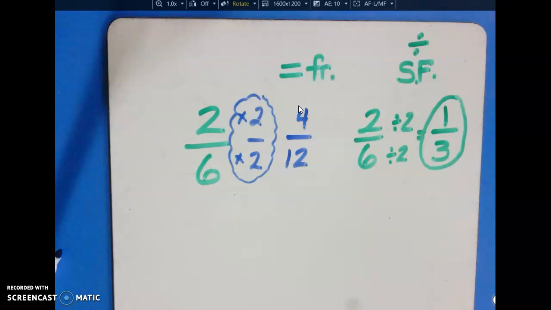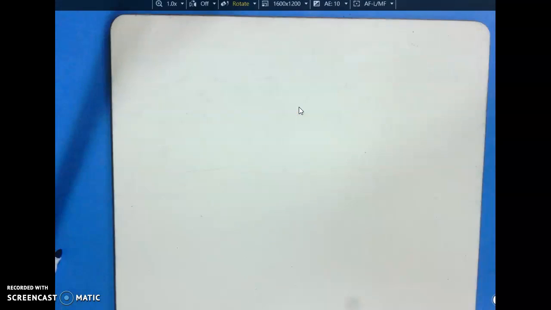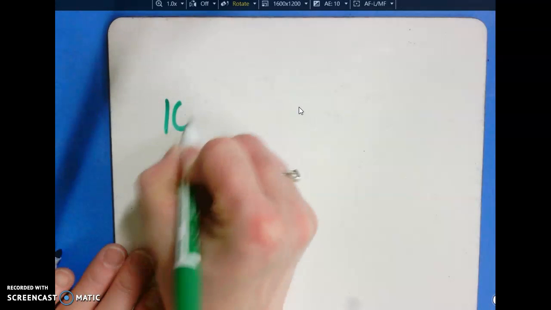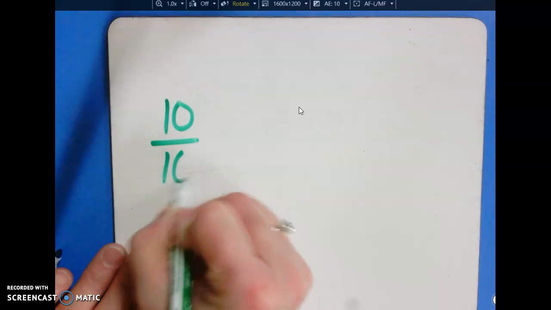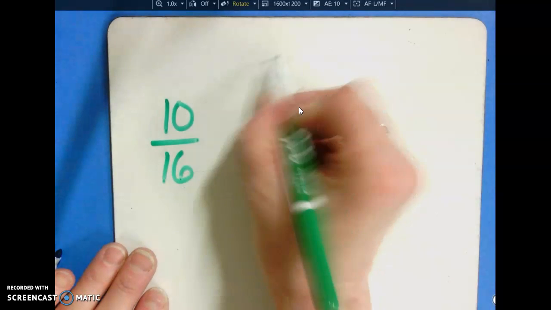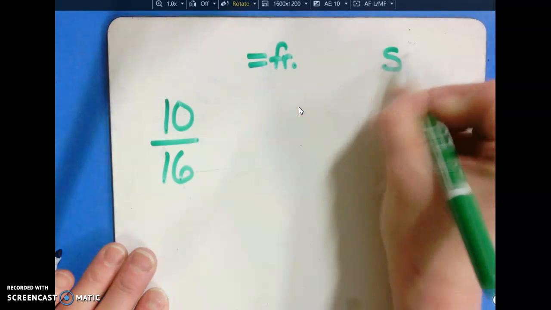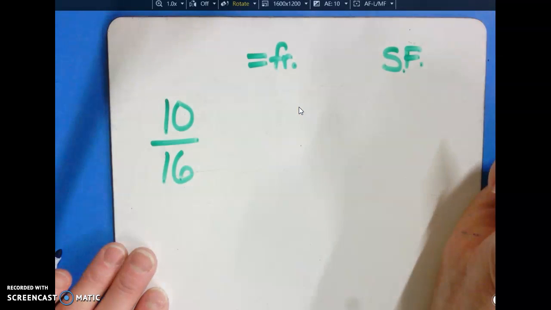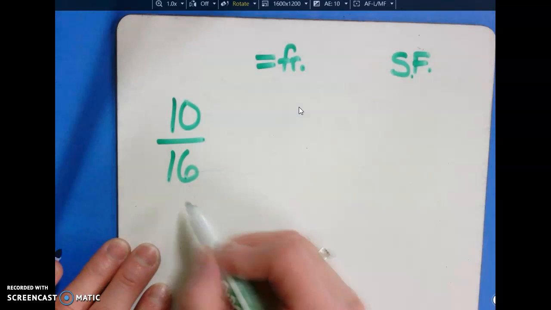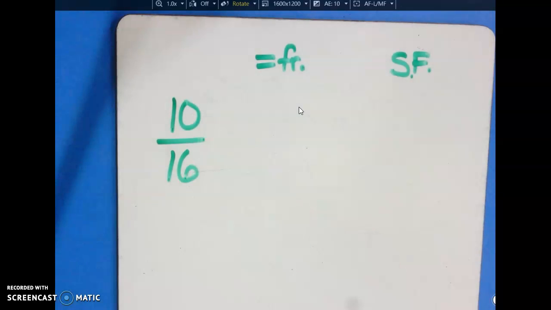Let's take a look at another one. What if I have the fraction 10/16? Now, what if I have to find an equivalent fraction and put it in simplest form? Well, for an equivalent fraction I can multiply or divide by any fancy one.